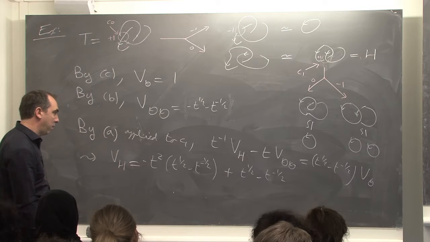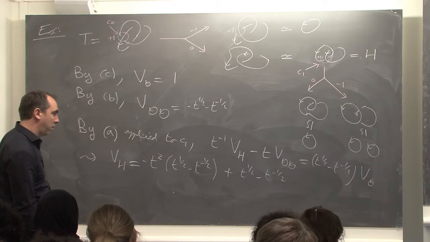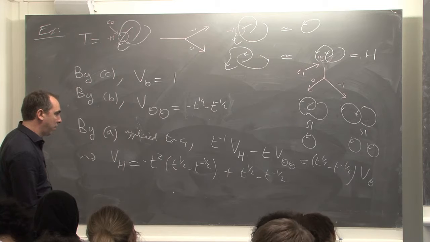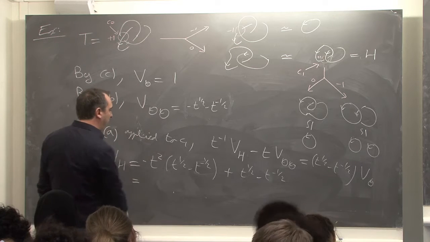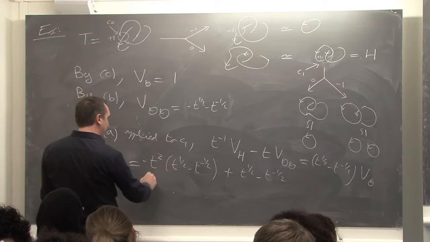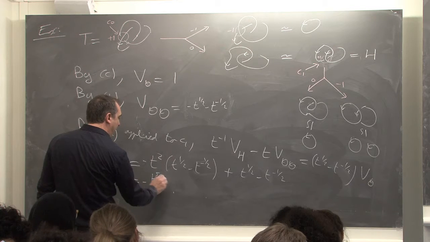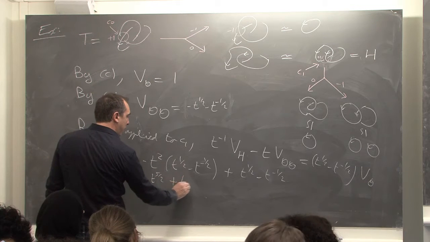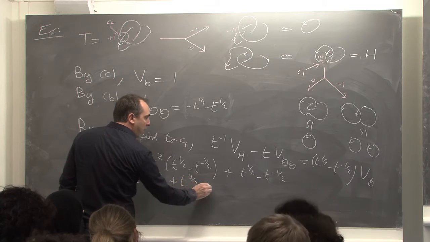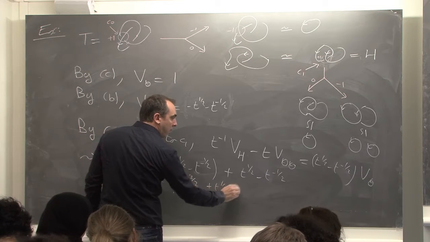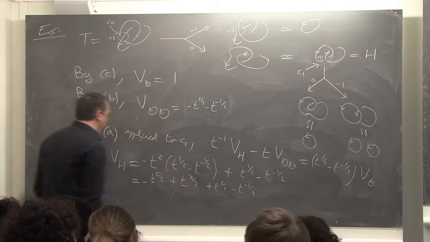Of course, check my computation. So minus T^(5/2) plus T^(3/2) plus T^(1/2) plus T. Okay.